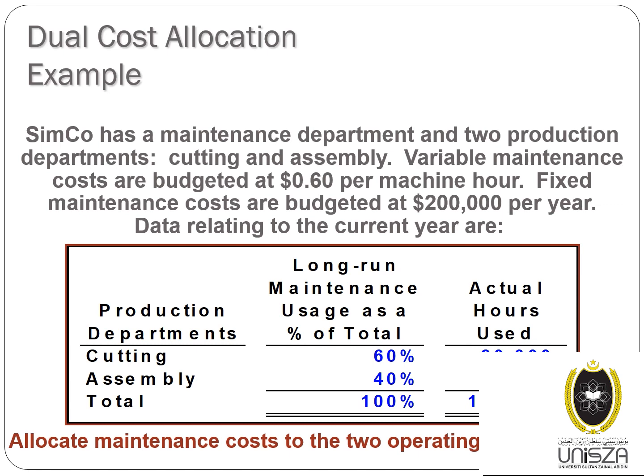The data relating to the current year is provided to you: 60% for cutting for the long run maintenance usage, and the actual hours used. So allocate the maintenance cost to the two operating departments.